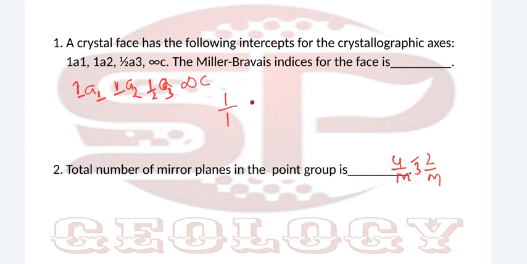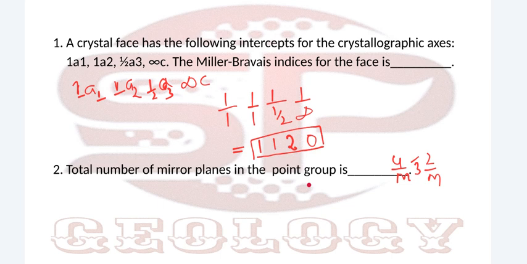Just take the reciprocal one by one, then we'll take the reciprocal, one by 2, one by infinity. It will be 1, 1, 2, 0. So just take the reciprocal.